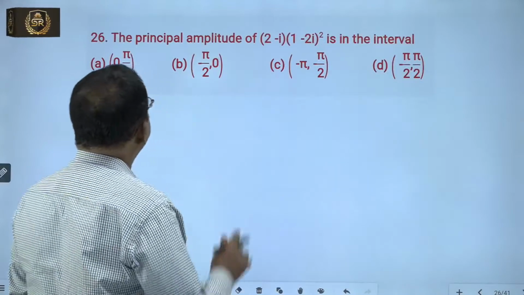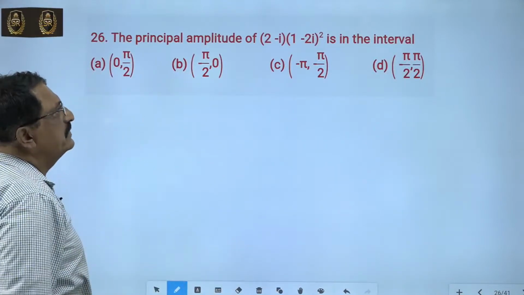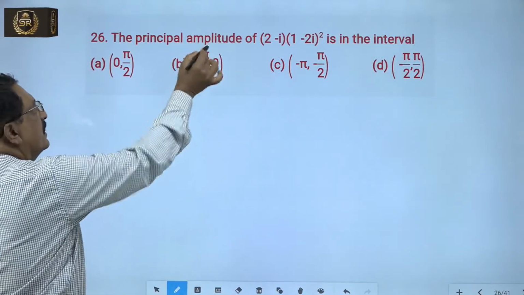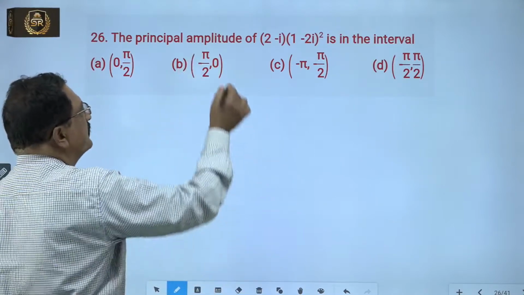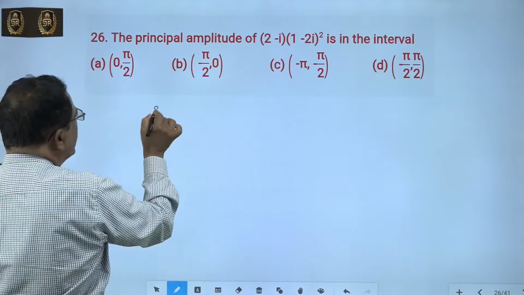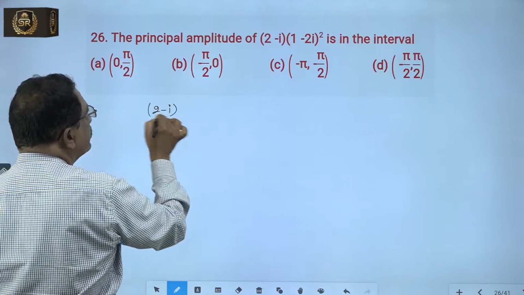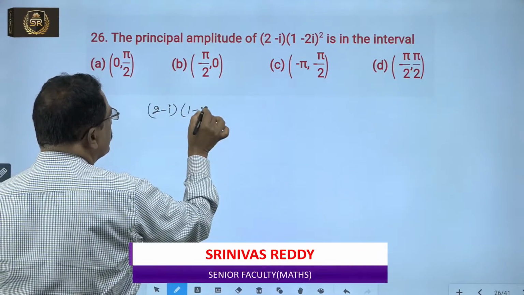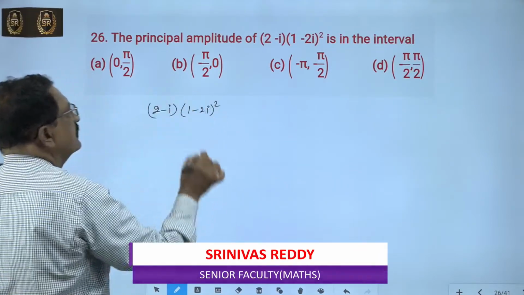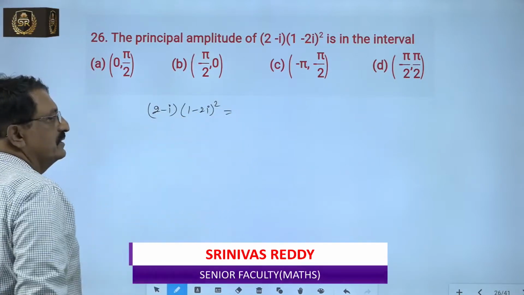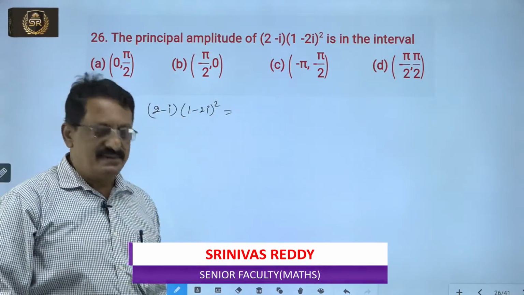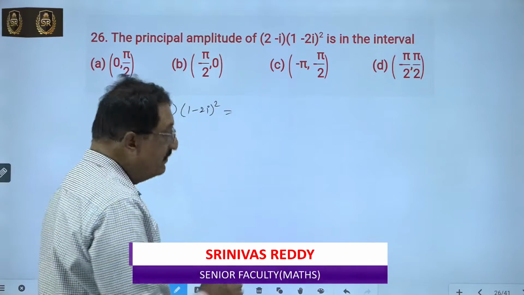Next problem: the principal amplitude or argument, amplitude and argument are the same, of 2 minus i into 1 minus 2i whole square. First we simplify this to the form x plus iy.